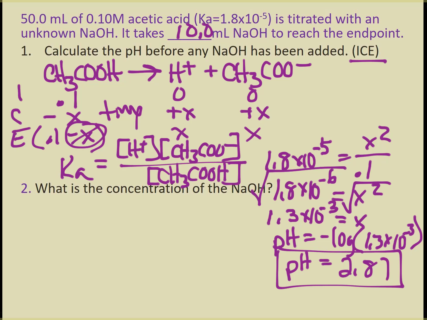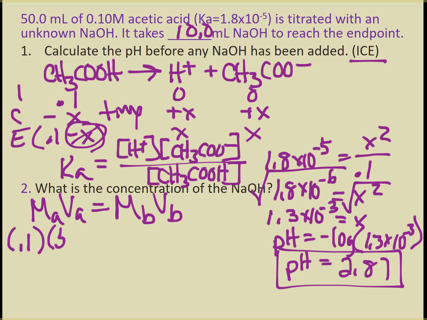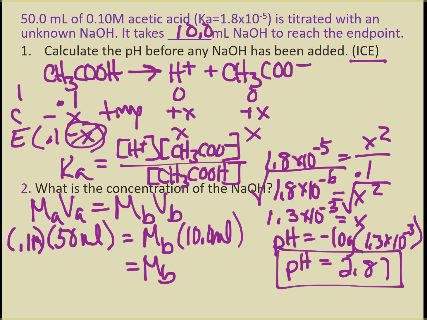So this is the equivalence point, so I can use the moles of acid times the volume of acid equals the molarity of base times the volume of the base. And I'm going to just fill everything in. And I don't know my molarity, but I do know my volume is 10. So 0.1 times 50 divided by 10, I get a 0.5 molar concentration.